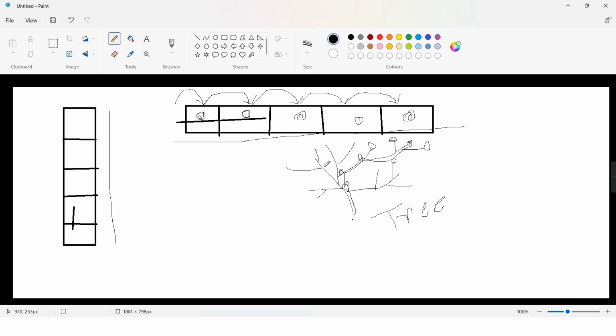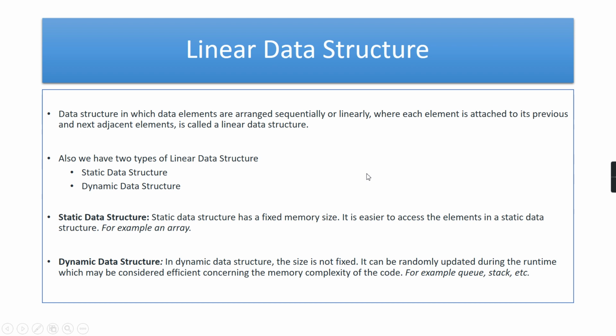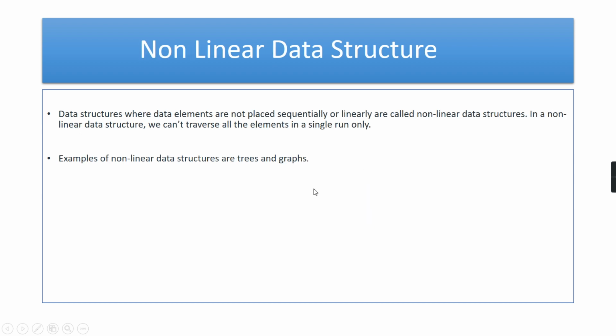But when you are using a non-linear data structure, you cannot reach every element in a single run. So that is the main difference between a linear data structure and a non-linear data structure.